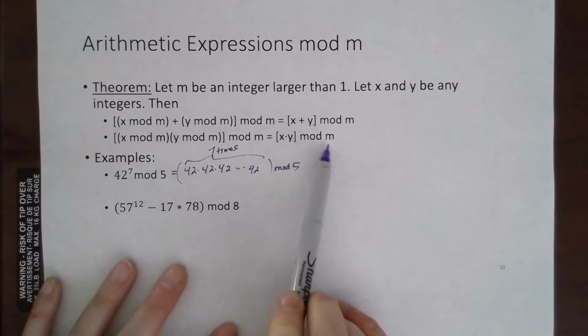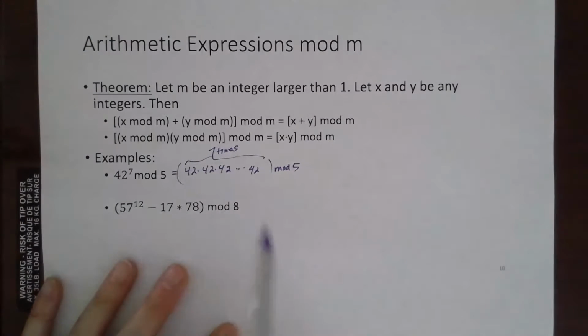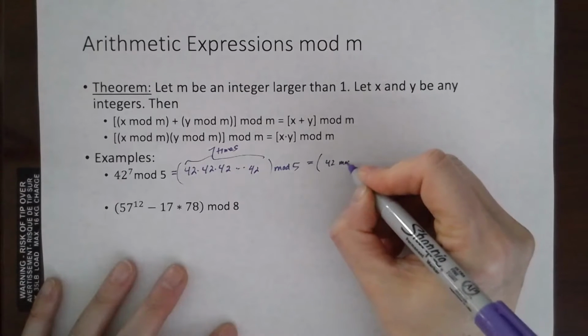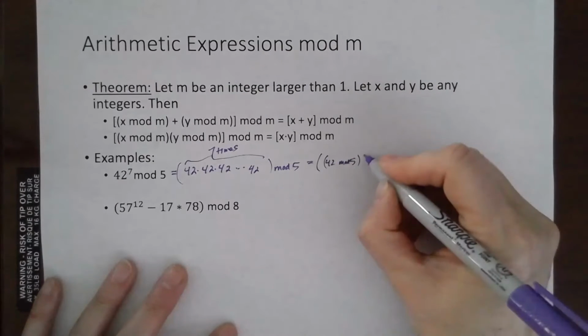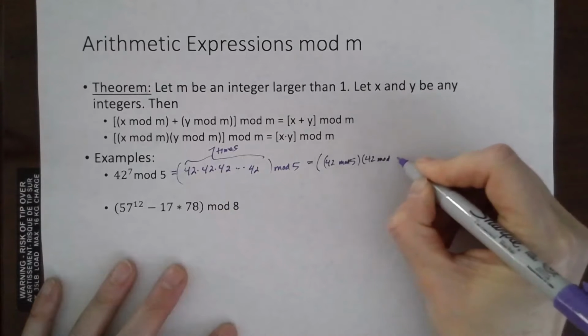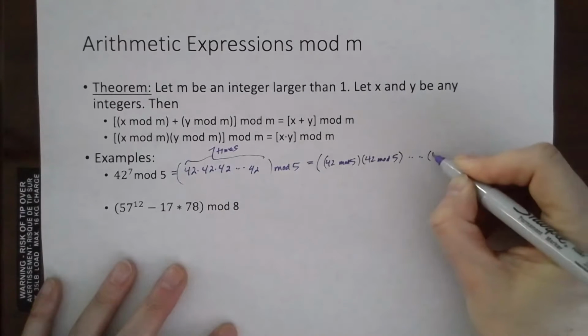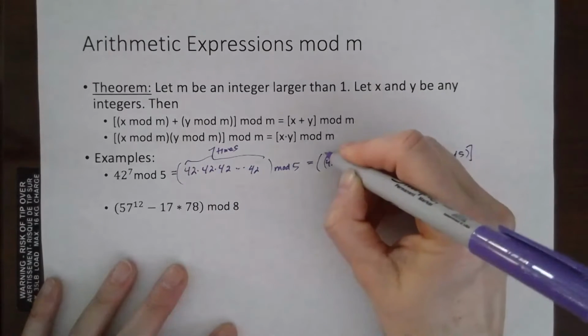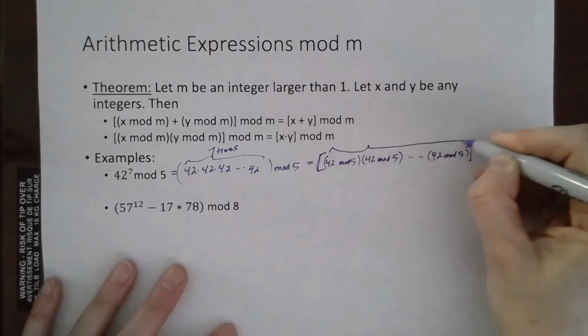So if I apply this rule right here, well, I could individually mod all of these things, and this is the same thing as 42 mod 5 times 42 mod 5, 42 mod 5, 7 times.